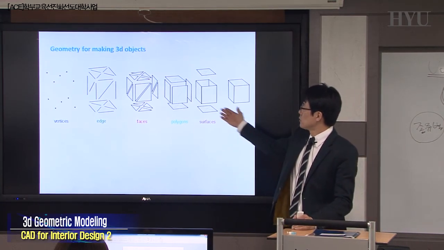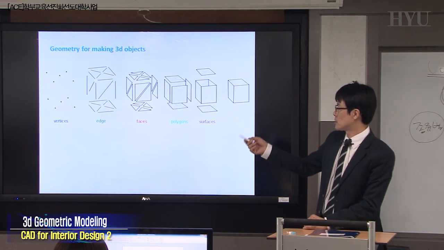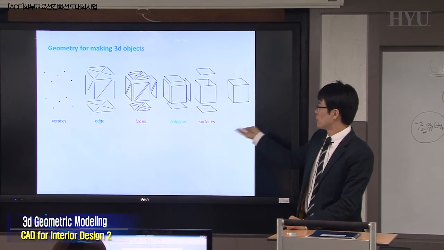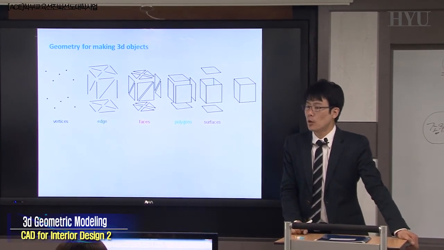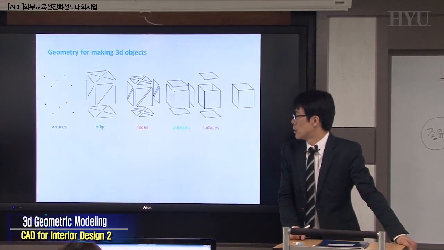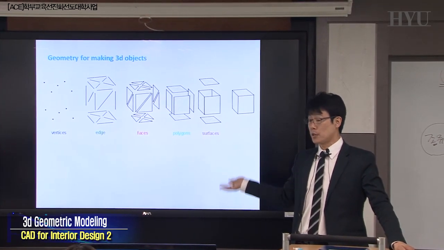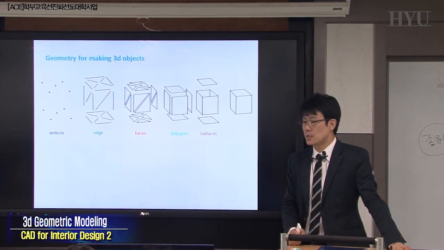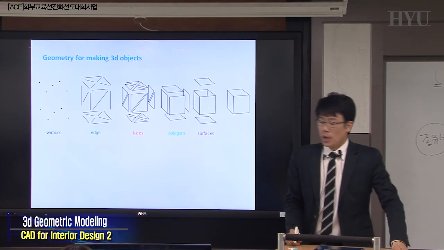But there are several types of subcomponents, subgeometry: vertices, edges, faces, polygons, surfaces. They are all geometry or actually topology terms. But in geometry, there are some similar terms: vertex, vertices for points, edges for lines, something like that.